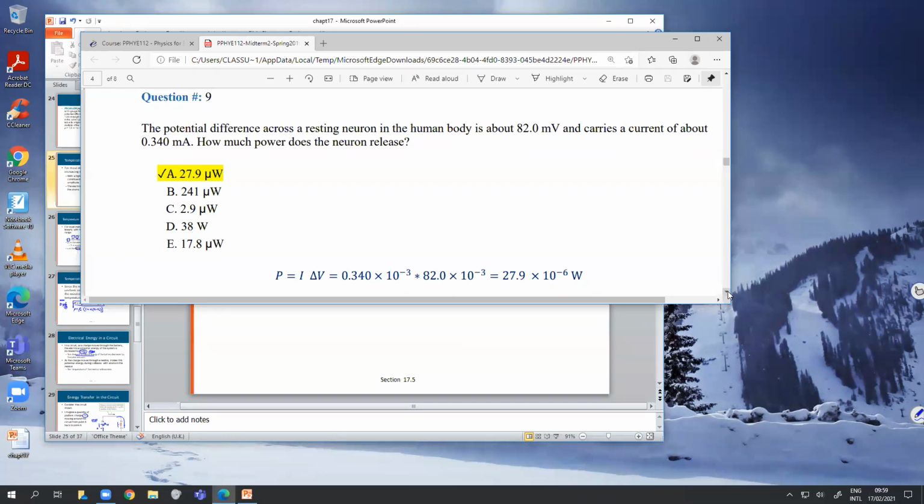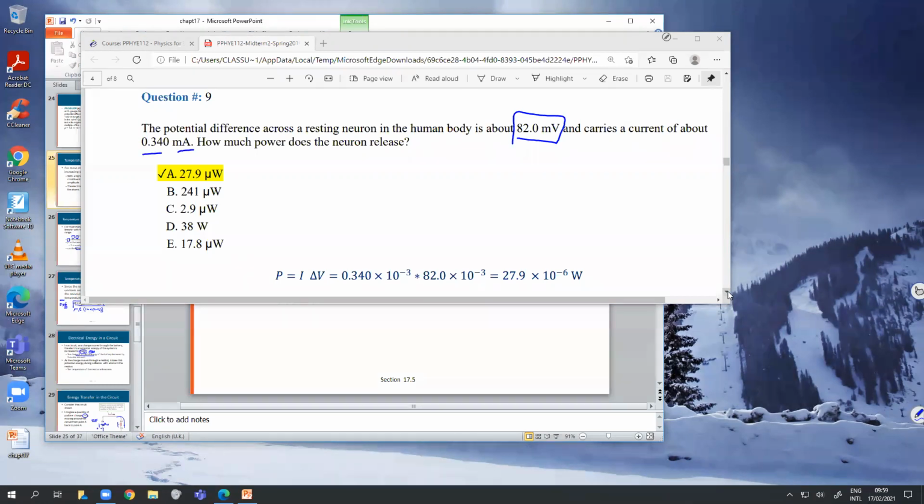That is actually measuring the electricity in your body. So even the human body has electricity. The potential difference across a resting neuron is about, but it's very small, in millivolts, 82 millivolts, or 0.082 volt, and carries a current of about, also in milliamperes, 0.34.